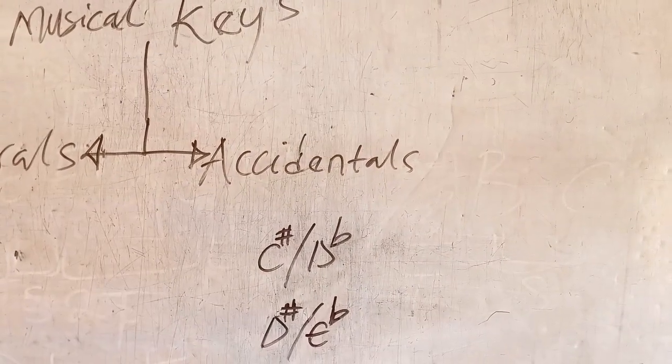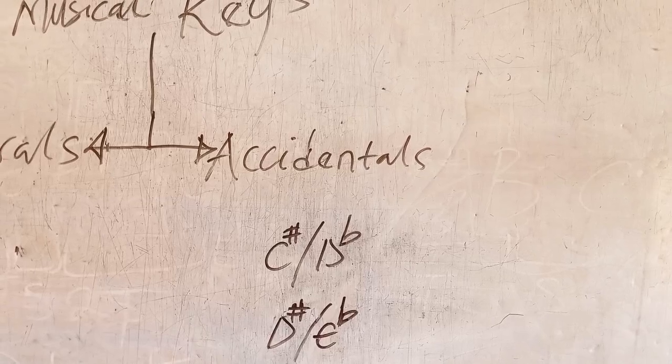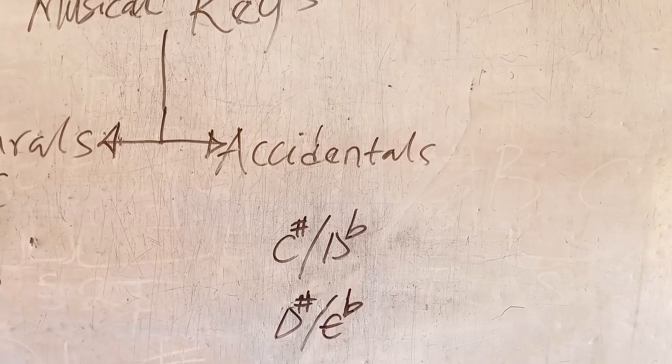Now, when you sharpen key C, you have C sharp. You flatten key D, you have D flat.